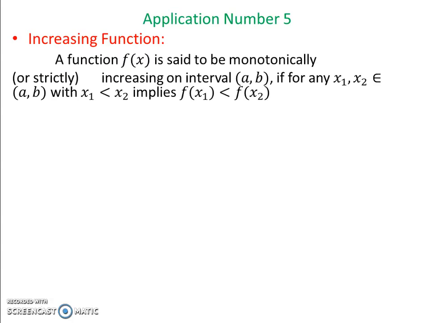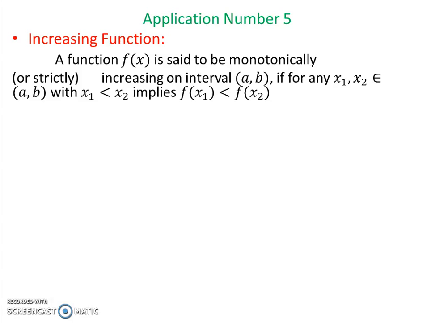A function f of x is said to be monotonically, or strictly, increasing if for any x1, x2 belonging to the open interval ab such that x1 less than x2 implies f of x1 less than f of x2.